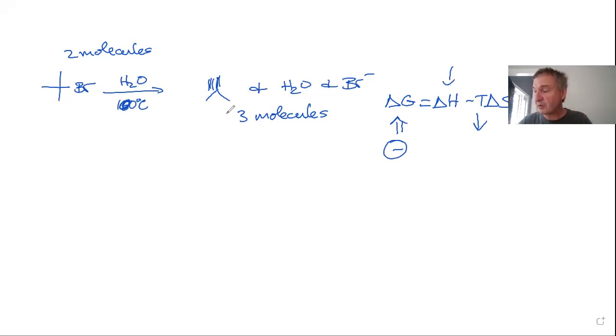But if the temperature is high, it starts to become about the entropy. And we've gone from 2 molecules to 3 molecules. In other words, at high temperatures, this term starts to take over versus enthalpy to create a negative delta G. So at high temperatures, I'm going to drive it from substitution.